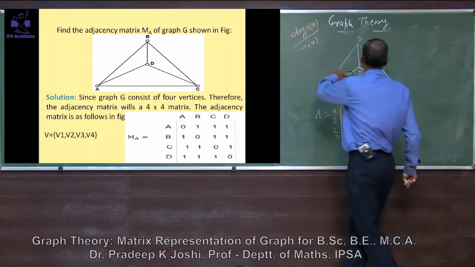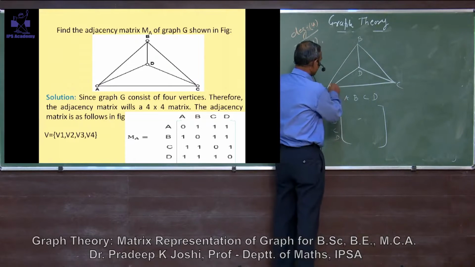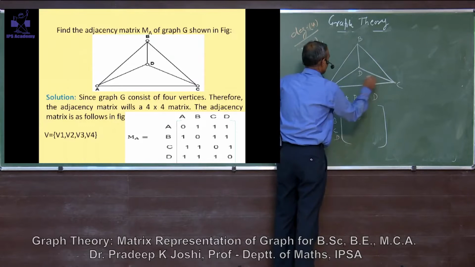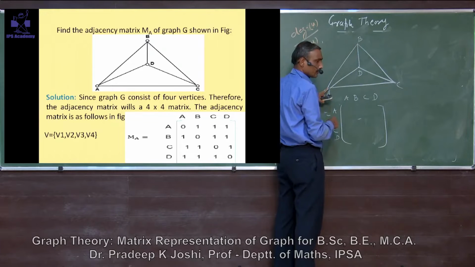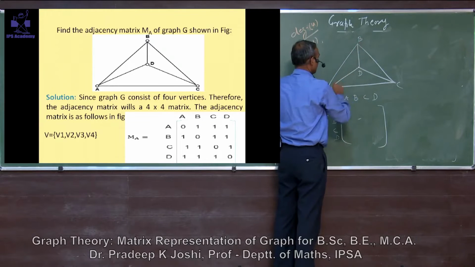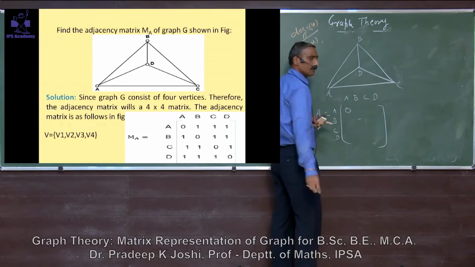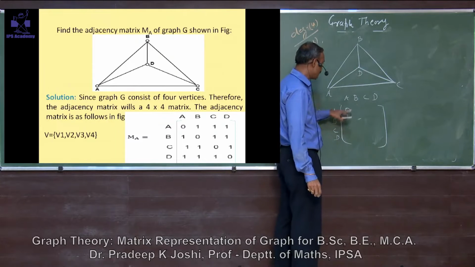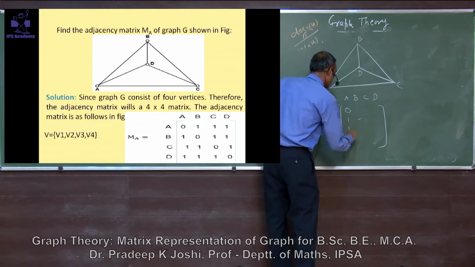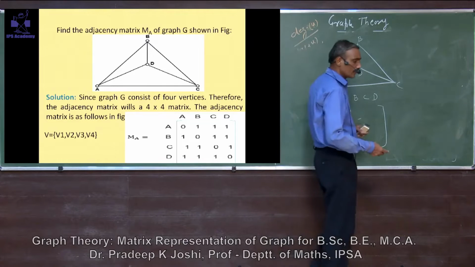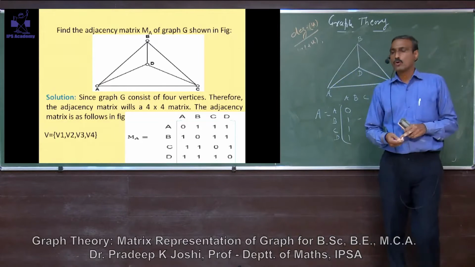Looking at this graph, A is adjacent to all 3 other vertices: A to B, A to C, and A to D. There is no self loop, so put 0. A to A is 0, A to B is 1, A to C is 1, and A to D is 1. Similarly, find the row for B.